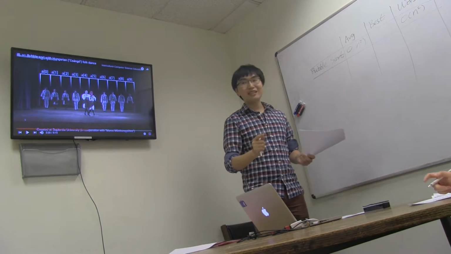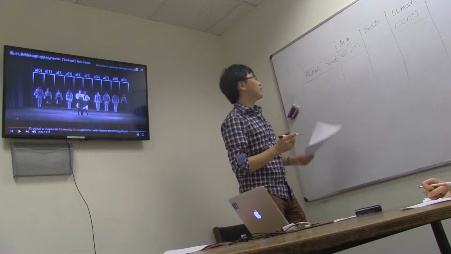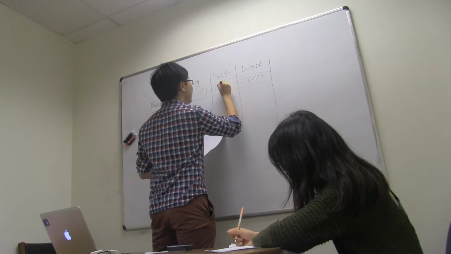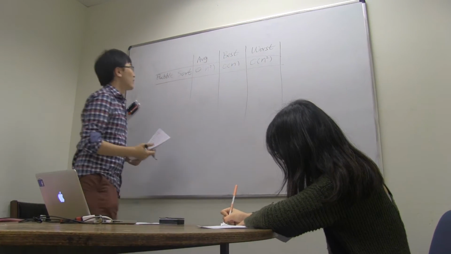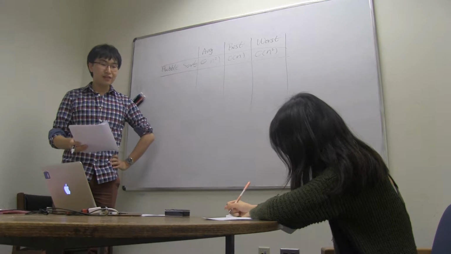In that case, it will stop immediately. So in the best case, the time complexity for bubble sort will be order n. Very good. So this is bubble sort, the first algorithm we have covered in this class.